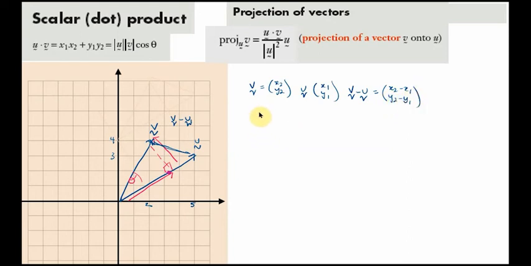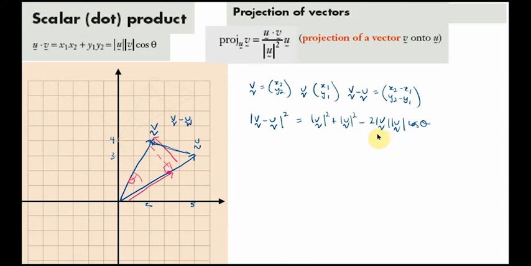Then using the cosine rule, we can write the relationship: the magnitude of v minus u squared equals v squared plus u squared minus 2 v u cos theta. So using the cosine rule, I'm looking at that triangle and relating the sides.